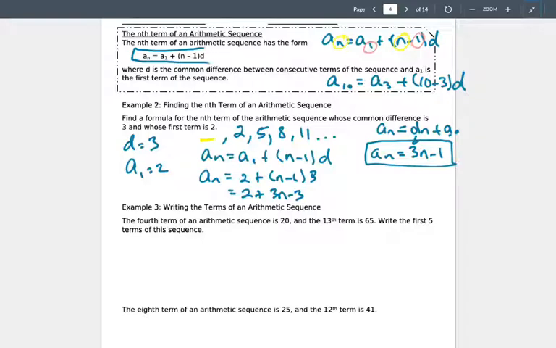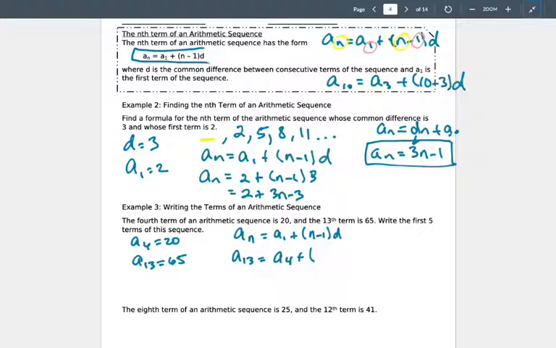So let's look at the next problem. That will help us here. The 4th term of an arithmetic sequence is 20, so a4 equals 20. The 13th term is 65. So if I think about this formula, I'm going to use my 13th term and my 4th term.